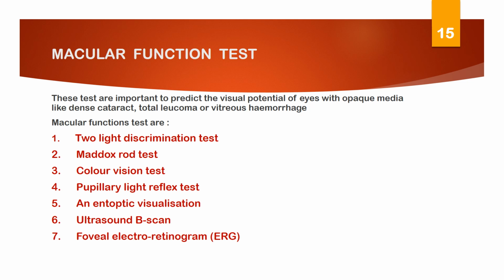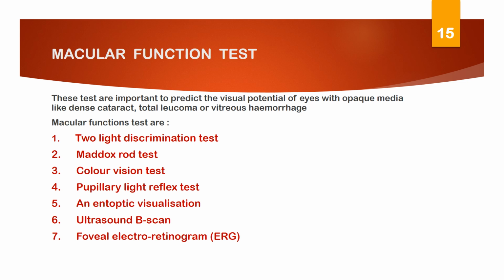Pupillary light reflex. This should be brisk in the presence of mature cataract. It indicates good optic nerve function. Cataract never produces an afferent pupillary defect. If RAPD is present, it indicates some pathology that influences the visual outcome and requires further investigation.